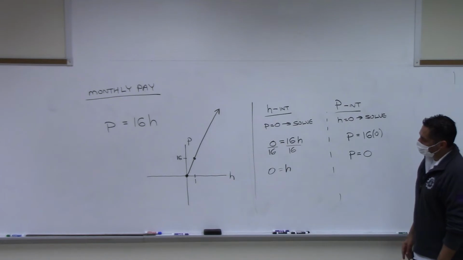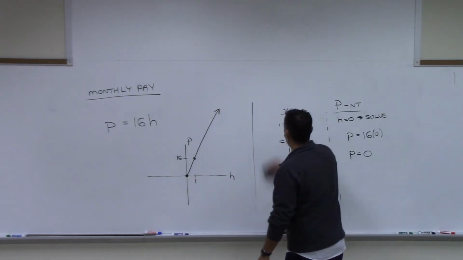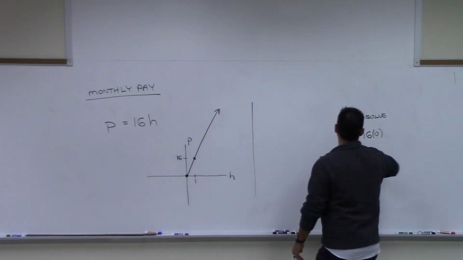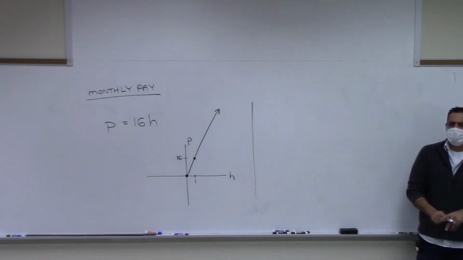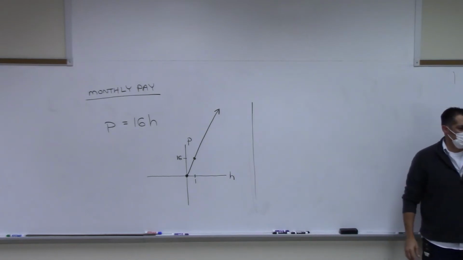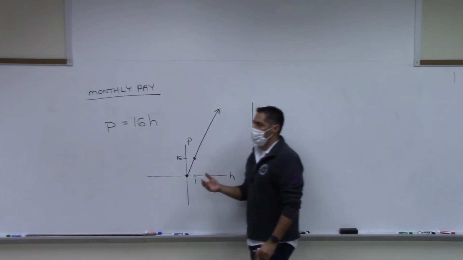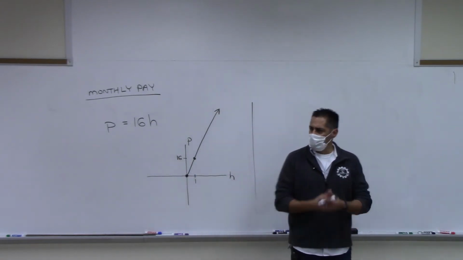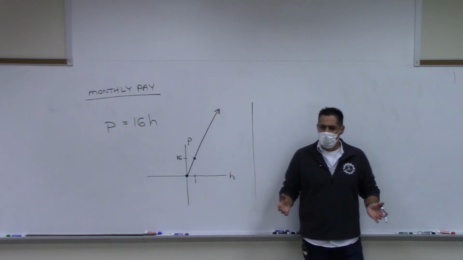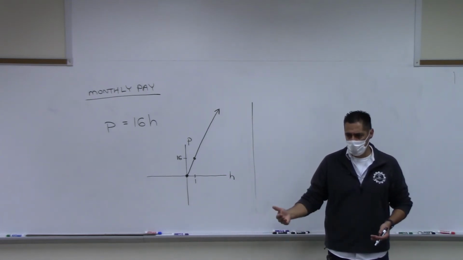Okay. What if we had this situation? When I think of this, I think of like a car salesperson. You have people who sell cars in car dealerships. They usually get paid like a base amount of money every month just to show up. And then they get paid a certain percent of how much they sell.